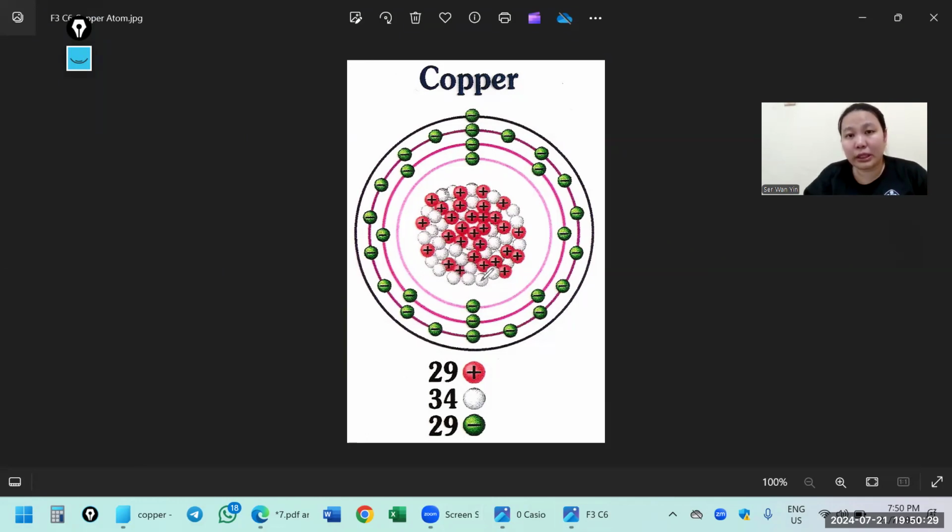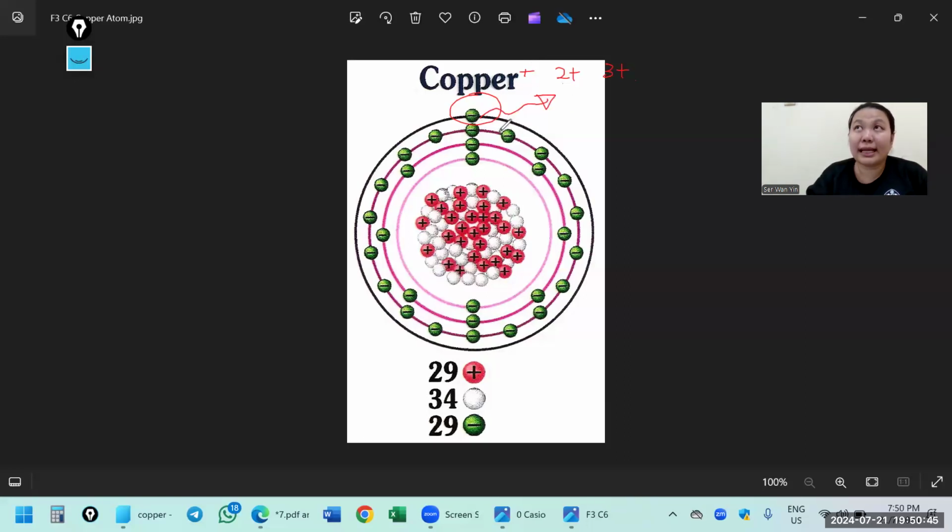You can see that copper actually sometimes gets 1 plus, 2 plus, 3 plus. Means the outer layer of copper is very easy to be released out.